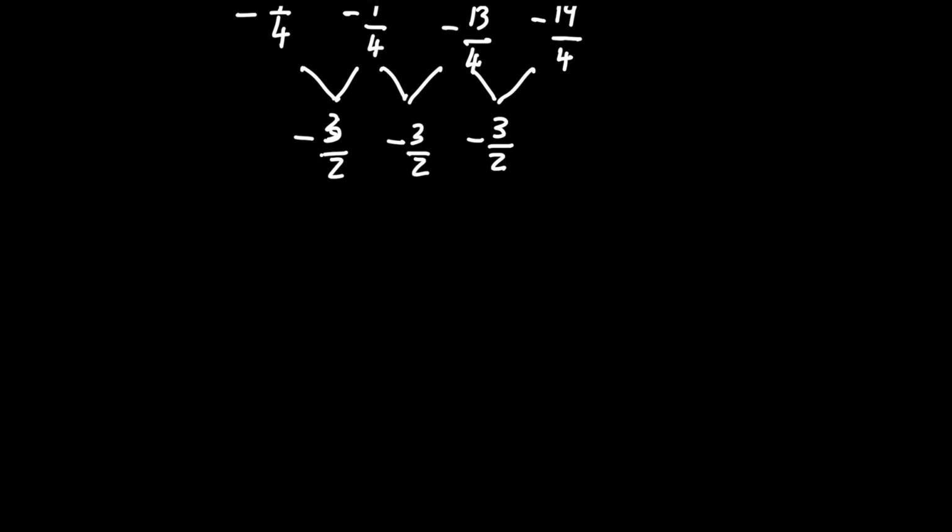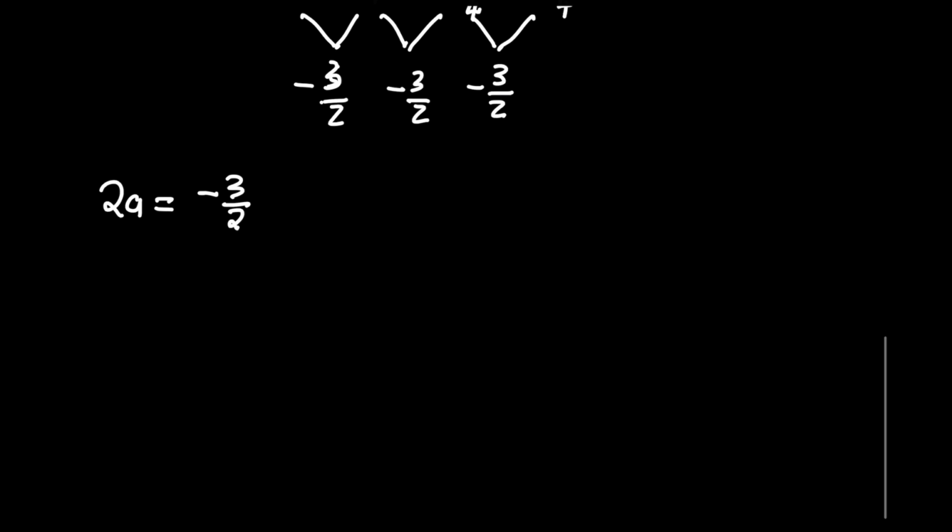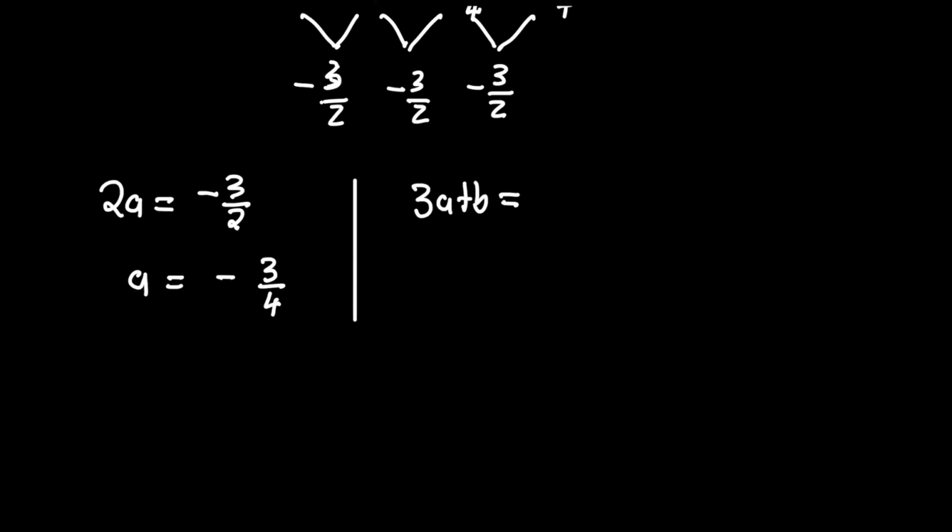And now we're going to say 2a is equal to the second difference, which is also -3/2. And we're going to divide by 2 on both sides because we want the value of a. Therefore, a is going to be -3/4. 3a plus b equals the first term of the first difference.